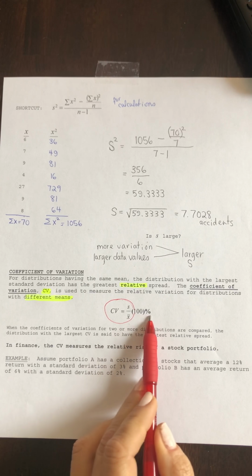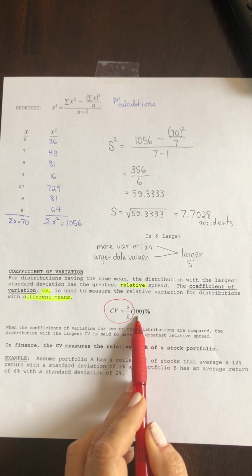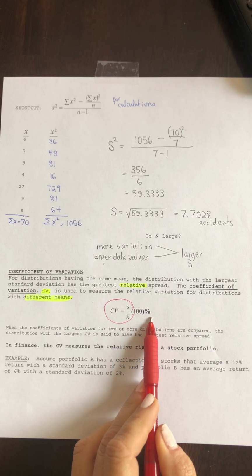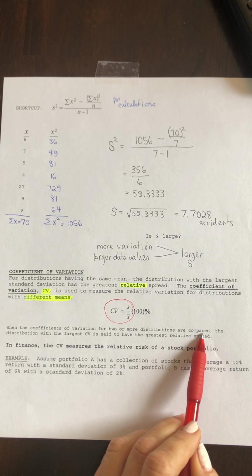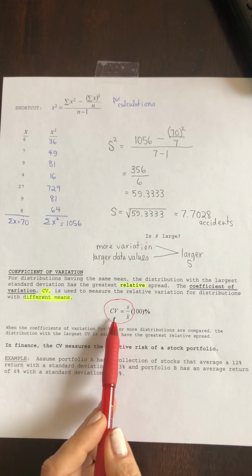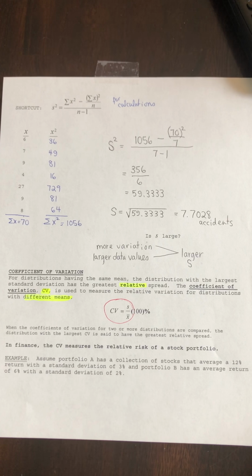I have put this here just to remind you that you need to convert this to a percent by multiplying by 100 and adding the percent sign. When the coefficients of variation for two or more distributions are compared, the one with the highest CV is going to be the one that has the greatest relative variation.